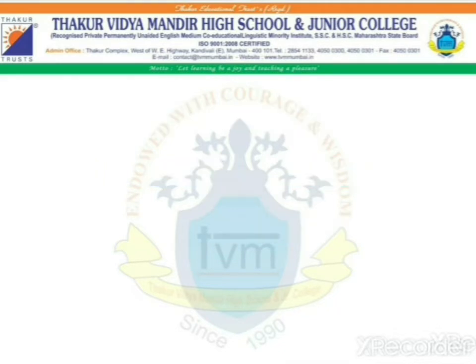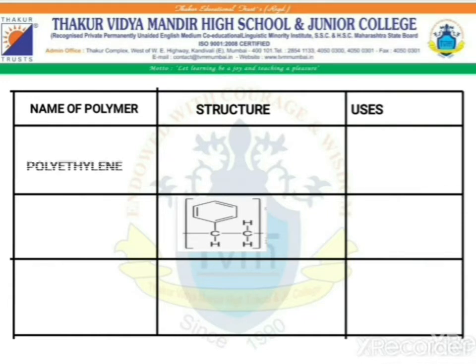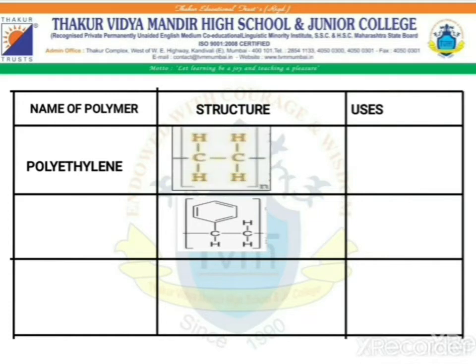Now, in this part, we are going to see some uses of the polymers which are used on a large scale. Here we have a table in which we are going to see some polymers and their common uses. Starting with the first one, polyethylene, a very commonly known substance. This is the structure of polyethylene.